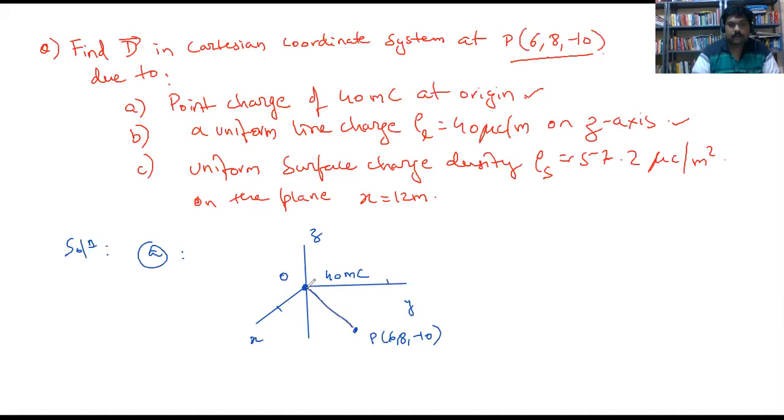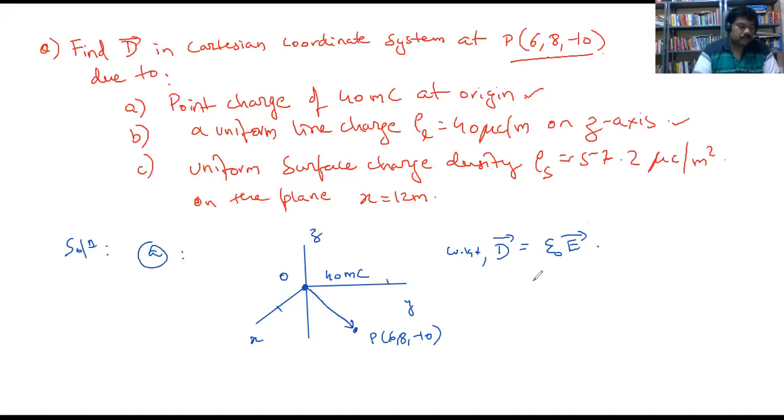So how are you going to do this? Flux density D equals epsilon naught E. Correct?